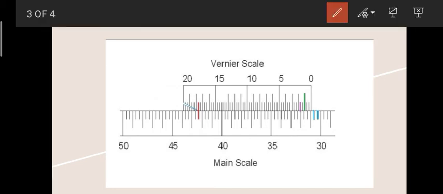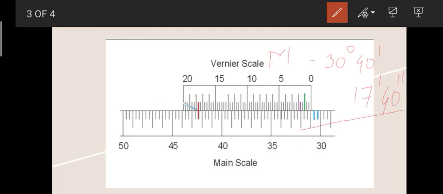Write like this: 30 degrees, 40 minutes. And next, this is the main scale reading, right? Next is the vernier scale. What is the vernier scale reading? It is 17 minutes and 40 seconds, right?